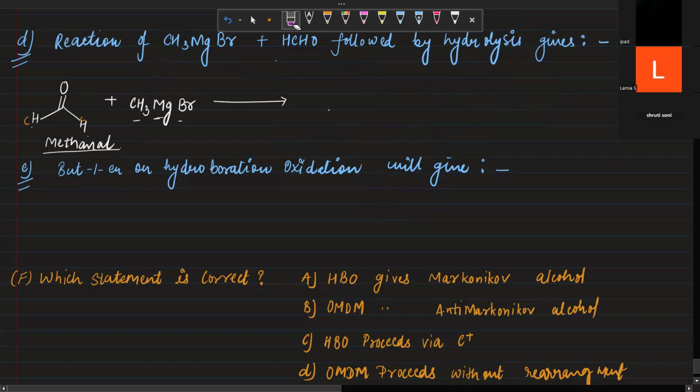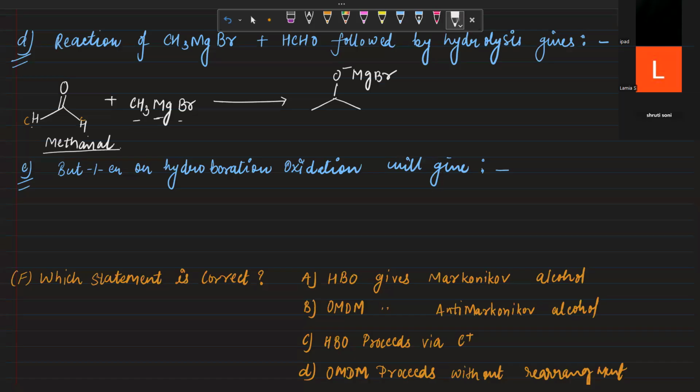So you add double bond O minus MgBr, and CH3, and in this direction there is hydrogen. After hydrolysis, you are getting CH3, and here is OH. So can I represent this like CH3, CH2, and OH?